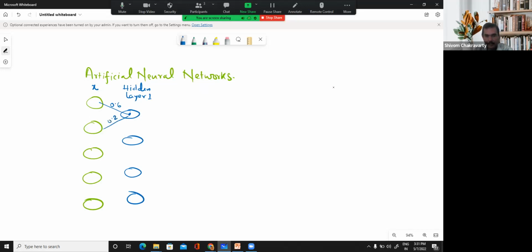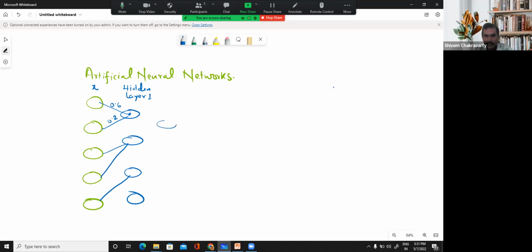It is not necessary that every input will go to every node in the hidden layer. So these weights are there, and depending on that weight, some of the information will be transferred to hidden layer 1.